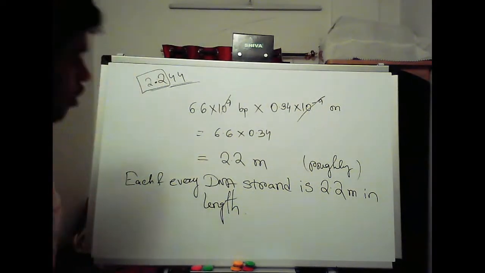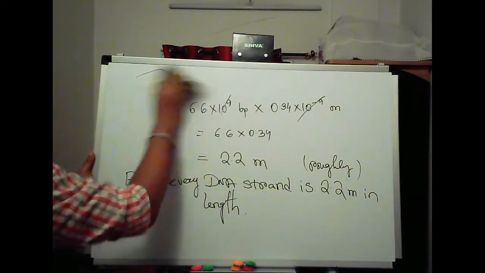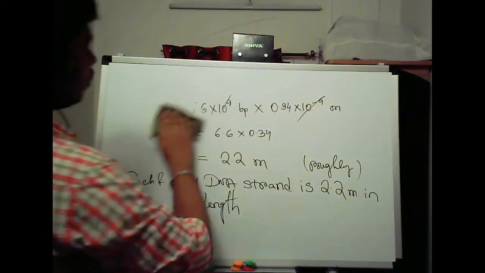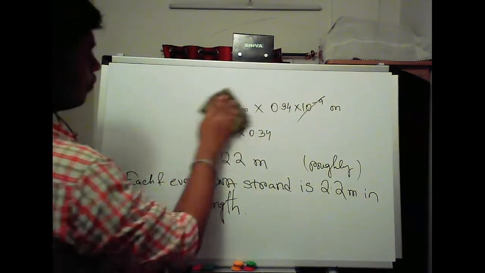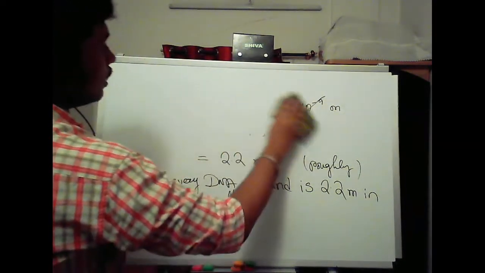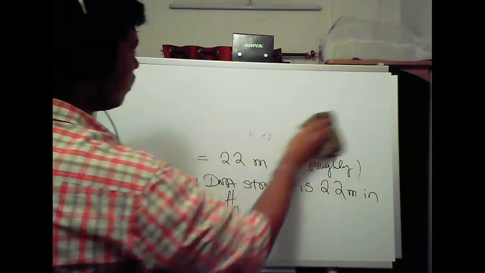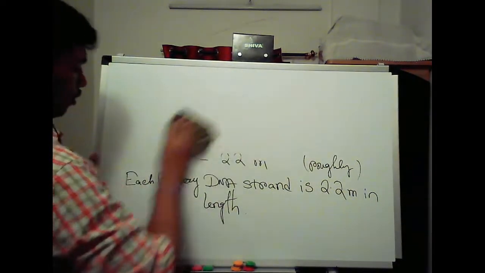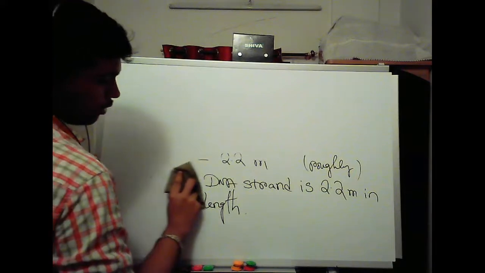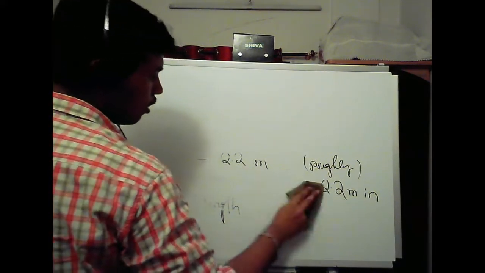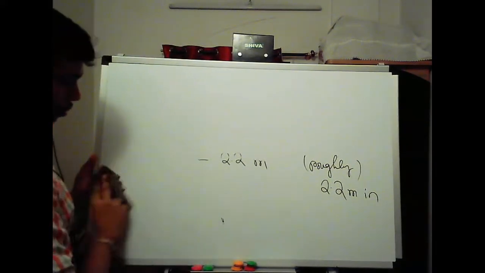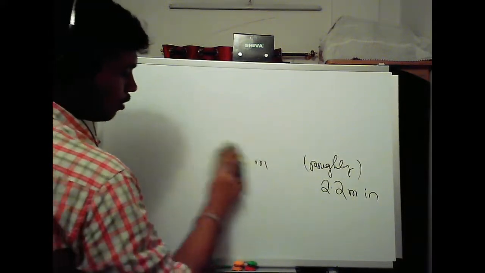Now, each and every DNA molecule, if we open each and every strand, is 2.2 meters in length. There are millions of DNA strands.